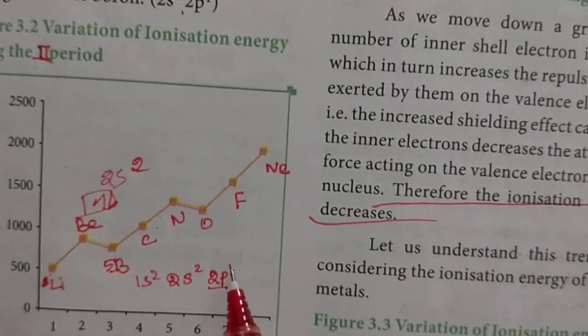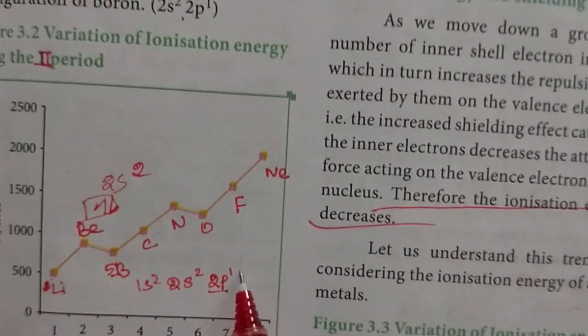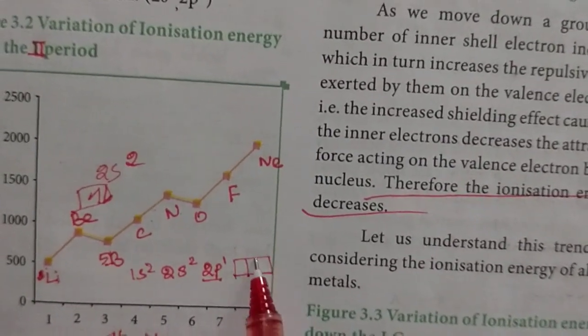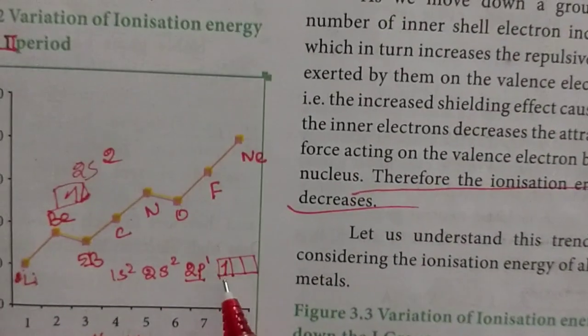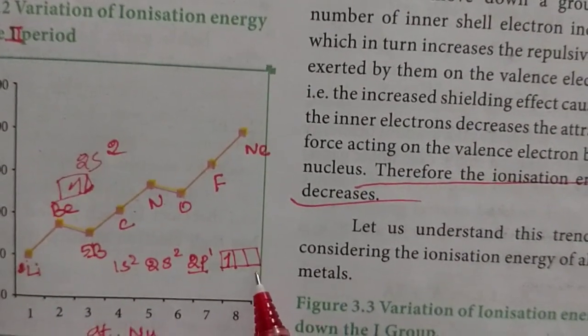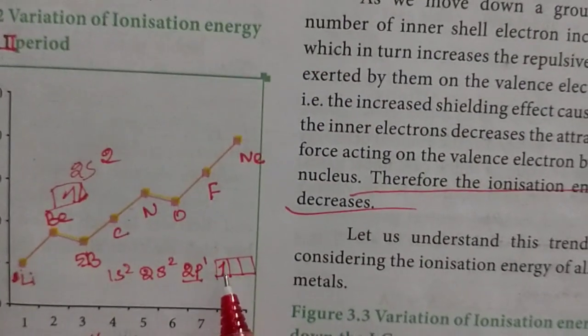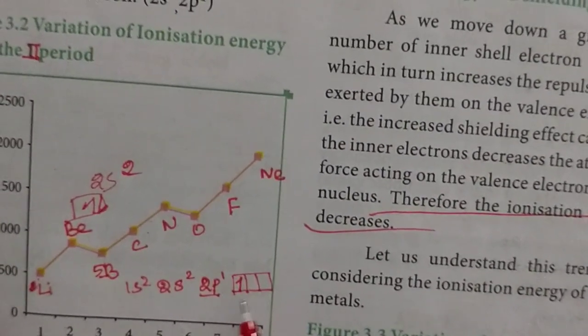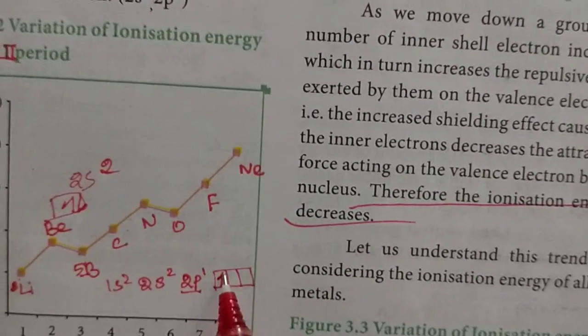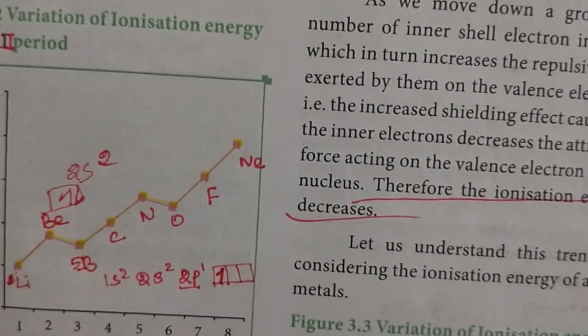The valence electron is 2p1, only one electron in the p orbital. Is it symmetrical, half filled or fully filled? No. We have only one electron in the 2p orbital. So what does it explain? This electron is a loosely bound electron.